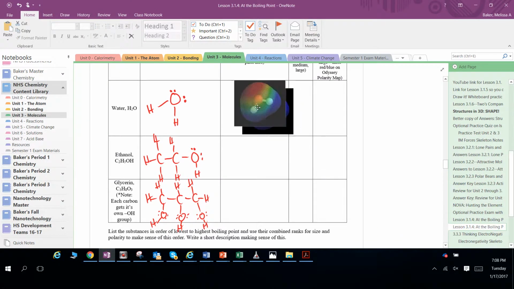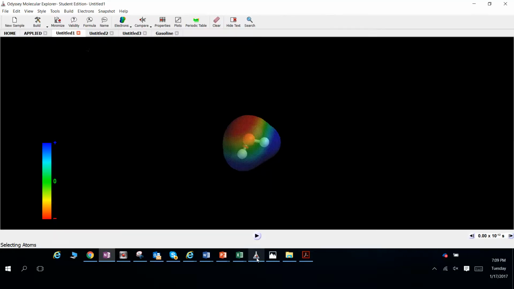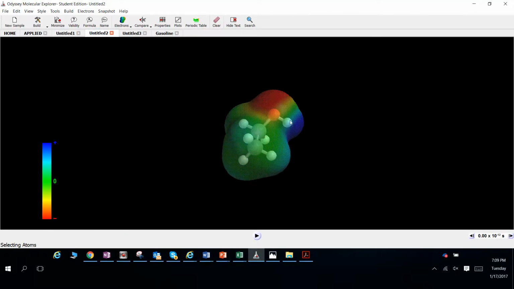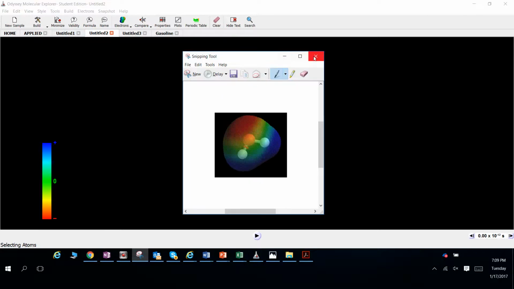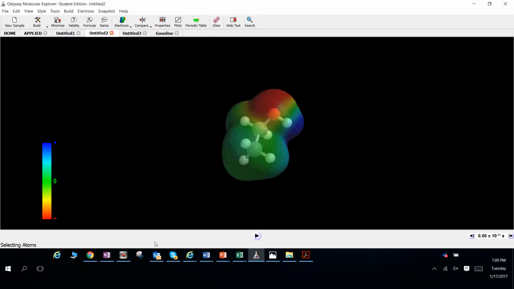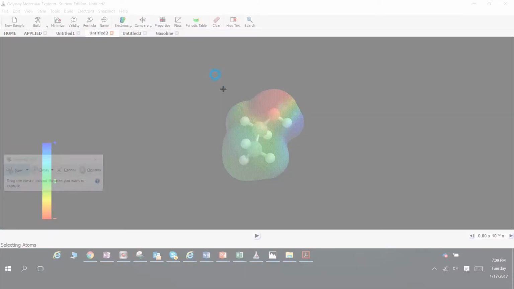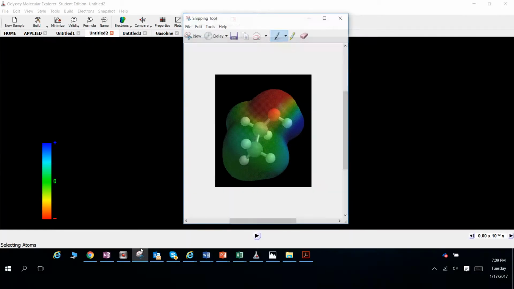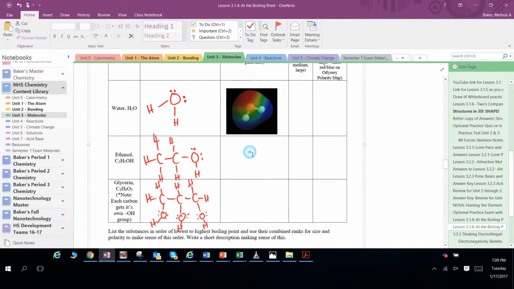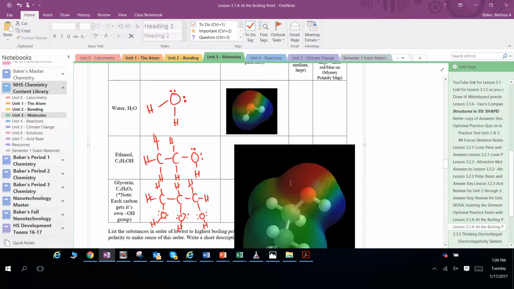Make it smaller. And then let's get one. This is ethanol. You can see the 2 carbons in there, and there's still an oxygen. Let's get that into our table here.